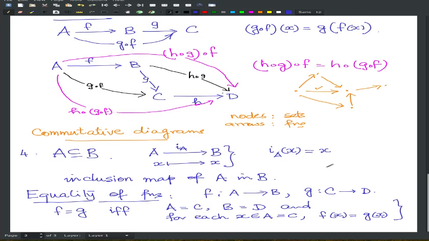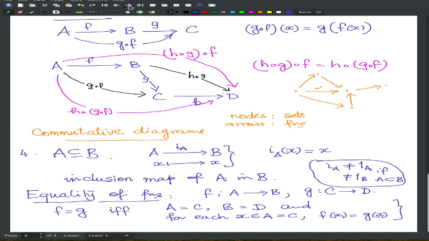By this clue, the inclusion of A is neither the identity of A nor the identity of B if A is a proper subset. If A and B are equal, then obviously the inclusion is nothing else but the identity map.